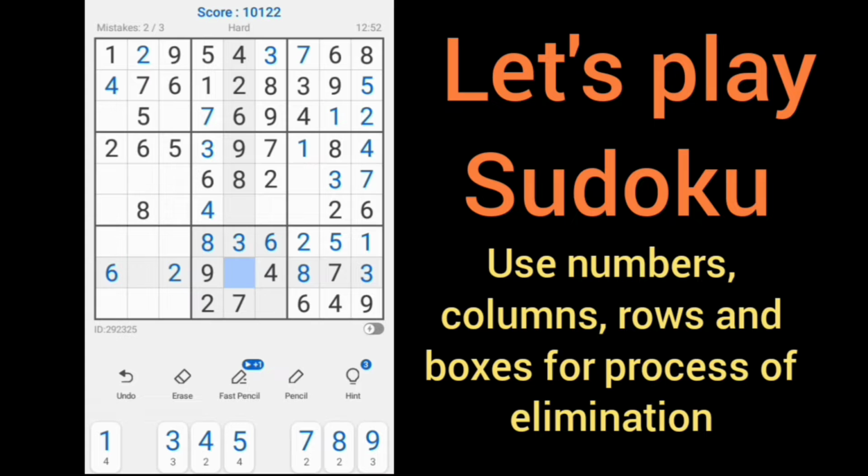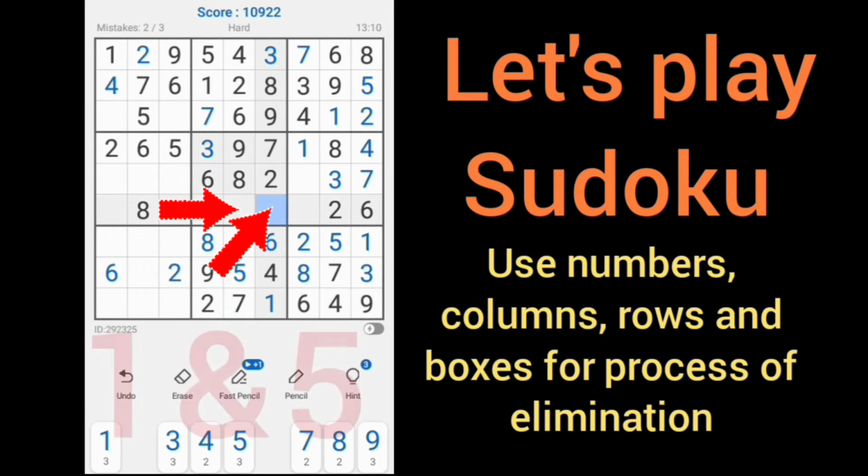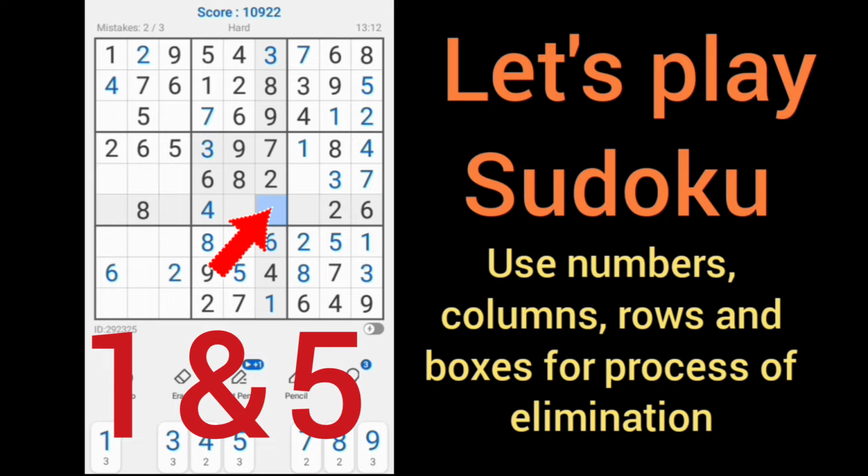It's got to be a 5. Well, okay, it is a 5. That was a guess. That means there's a 1 there. So now we can fill these 2 numbers in. That should be 1, 2, 3. That should be a 5, I believe. Okay, and this should be a 1, I believe.